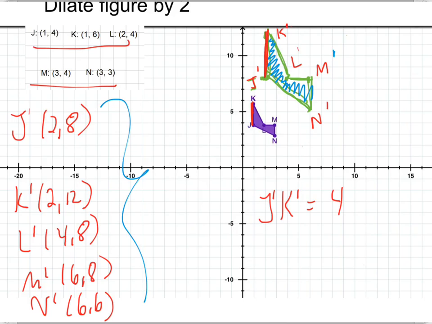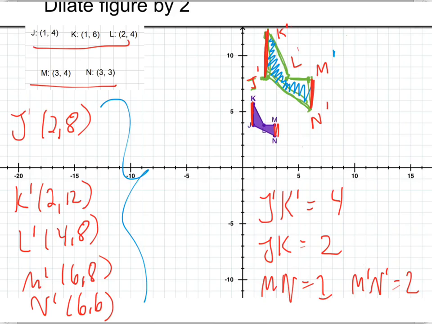It's 4 units. MN likewise. MN is 1 unit, but M prime N prime is 2 units. Okay, that's what it means to have a dilation factor of 2. It means that every line segment is twice what it used to be.